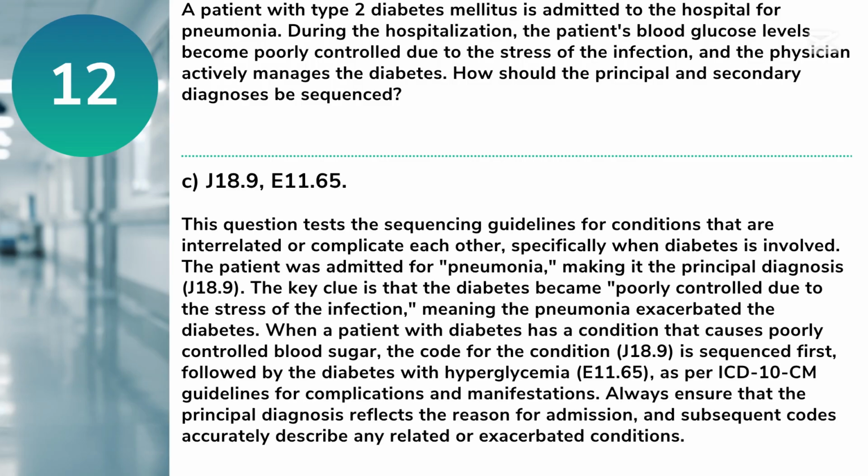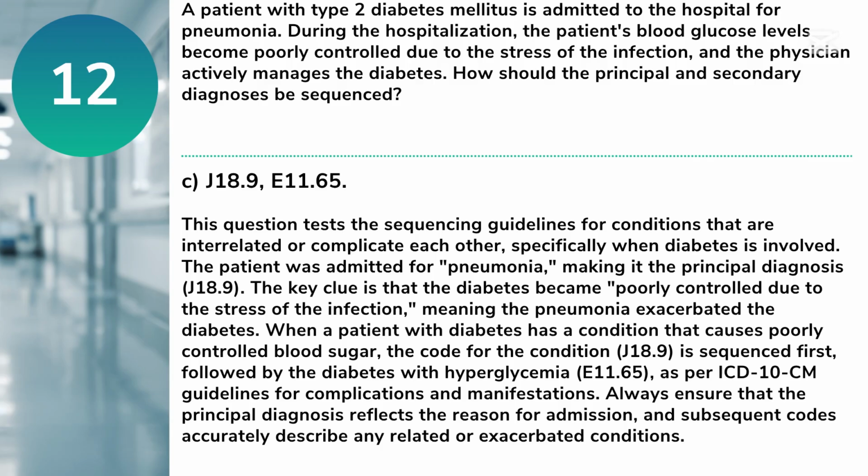Answer: C. J18.9, E11.65. This question tests the sequencing guidelines for conditions that are interrelated or complicate each other, specifically when diabetes is involved. The patient was admitted for pneumonia, making it the principal diagnosis, J18.9. The key clue is that the diabetes became poorly controlled due to the stress of the infection, meaning the pneumonia exacerbated the diabetes.